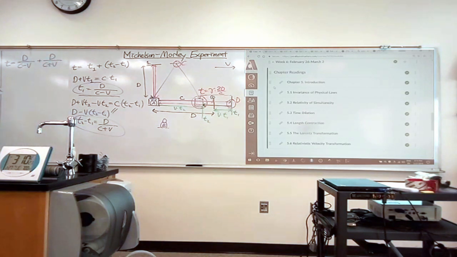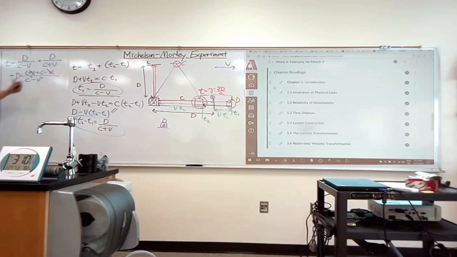Let me combine the fractions. When you combine the fractions, you get the product of these two, c squared minus v squared, like you saw before. Let me factor out d times c plus v plus c minus v. The v's cancel out like before.